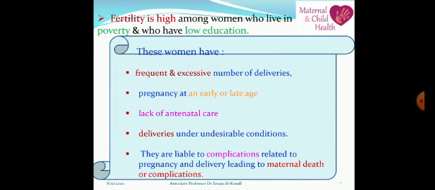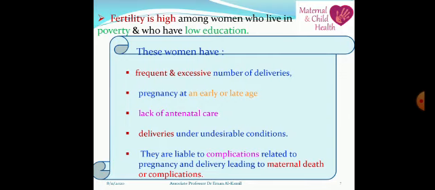In addition, most of these deliveries are attended by birth attendants, called daya. And some of these daya are not trained to help the mother if she has a complication, or are unaware of difficult or complicated labor, and they do not know when to refer the mother if she has a difficult delivery.